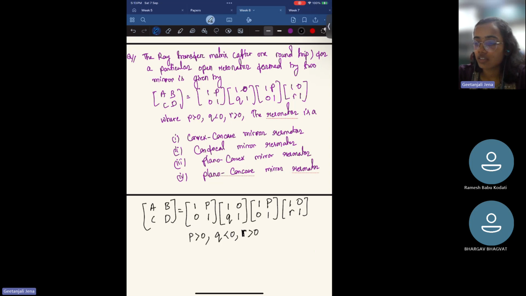Now it is asking whether the resonator is a convex-concave mirror resonator, or a confocal mirror resonator, or a plano-convex mirror resonator, or a plano-concave mirror resonator. So what is the type of resonator when we have the RTM, ray transfer matrix, in this form?